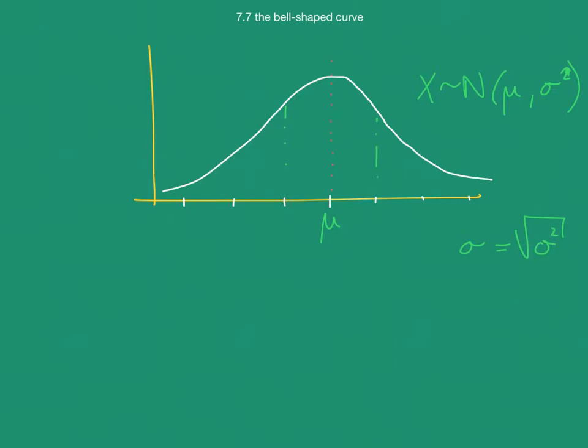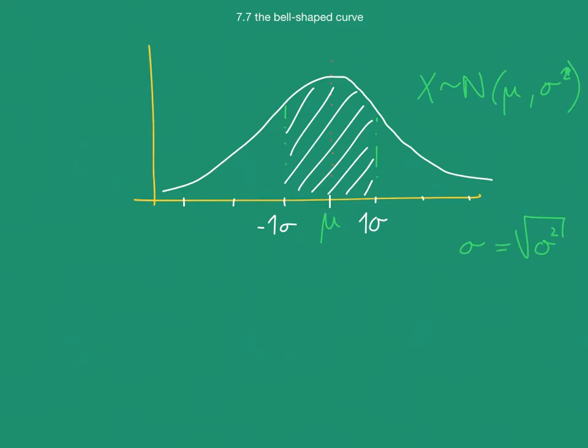And for any normal distribution, generally we can say that 68% of the area under the curve lies between -1 and +1 standard deviation from the mean.